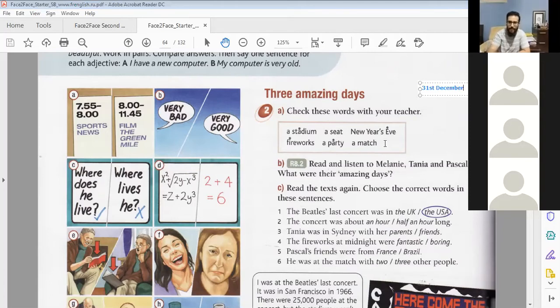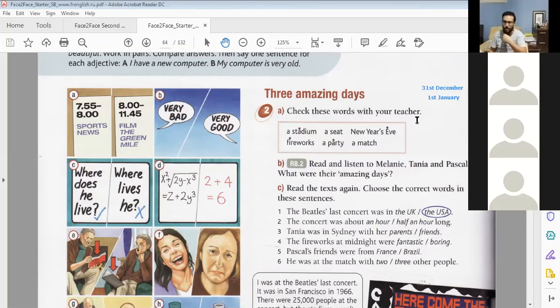Do you understand? Yes. The evening of 31st of December. Because when the evening is over, then you will have the 1st of January, right? So the evening of New Year, okay, New Year's Eve.